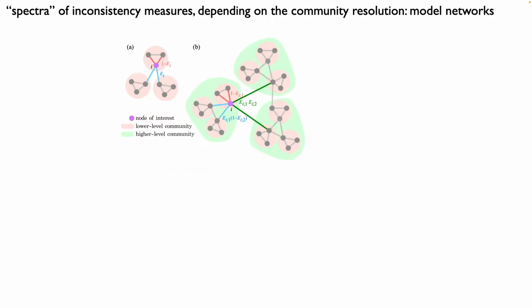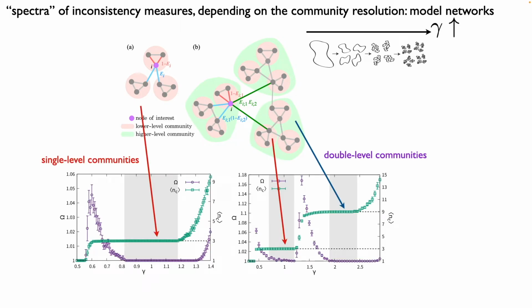And by far, the most important aspect of this recent work is that we finally started to look at the whole spectrum of communities by adjusting the resolution parameter gamma. So by looking at the global measure of inconsistency, or PI, as a function of the community resolution gamma, we can pinpoint the ranges of gamma where the inconsistency becomes very small, or in other words, consistent or reliable communities are found, especially when the number of communities stays flat at a certain integer value, just like the shaded regions here.